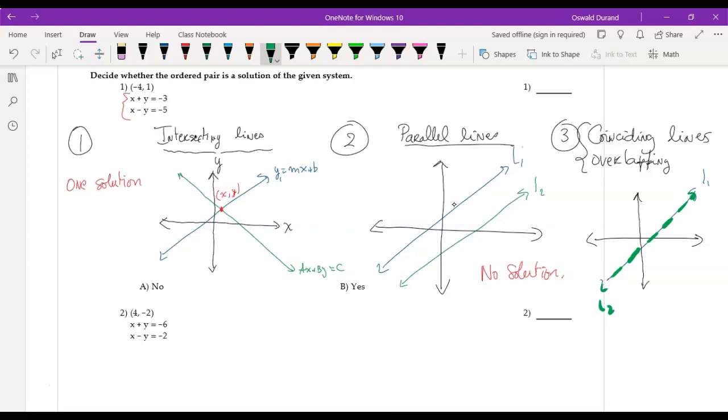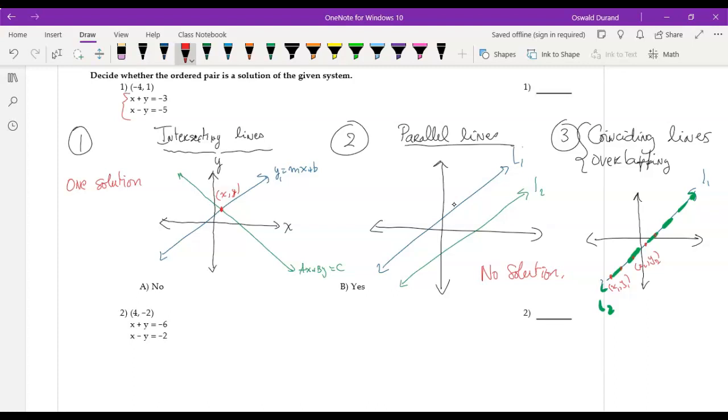Exactly. They are equivalent. And what they share is infinitely many X and Y coordinates, right? So they share all those points, okay? So not just one point that is a solution, it's everything on the same line.